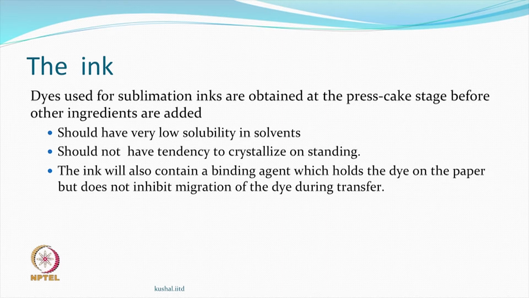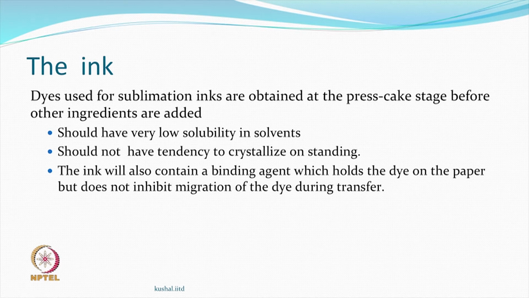You can never say that the migration will not be inhibited, but then you can give a little more time. So, the film also should be such that it does not really like the dye so much. So, affinity should not be very high, and the quantity of this binder should also not be so high, because if you have more quantity, then obviously some hindrance can occur.